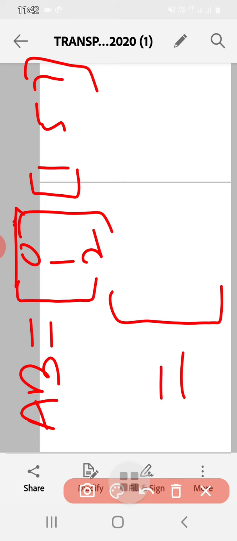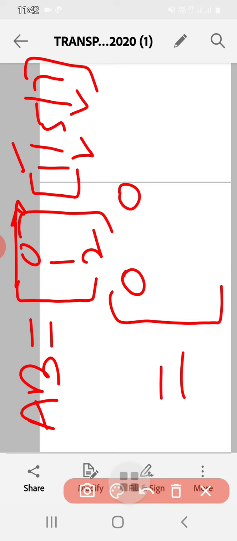First row, first column, 0 into 1, product is 0. There is one column only here. So 0 into 1, 0. Leave some space. Then same row, second column, 0 into 5, that is 0. Then third column, 7 is there, 0 into 7, that is 0.